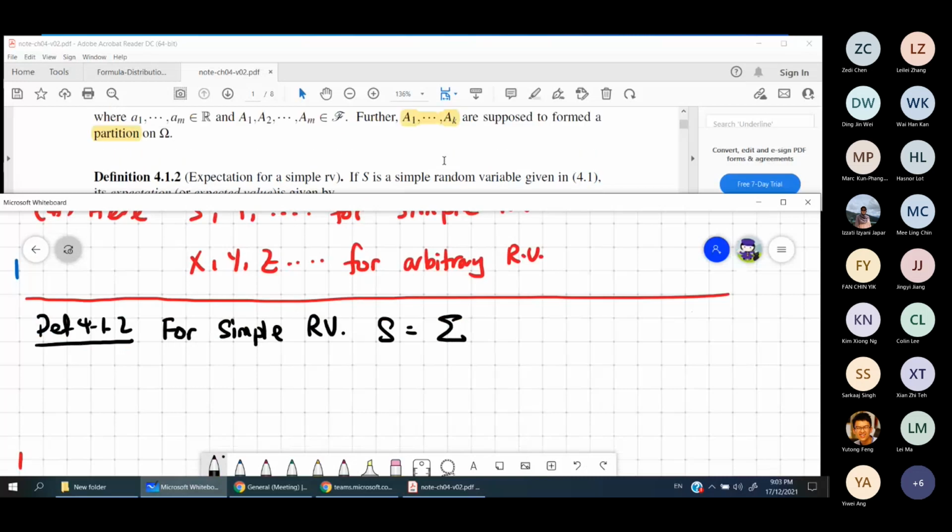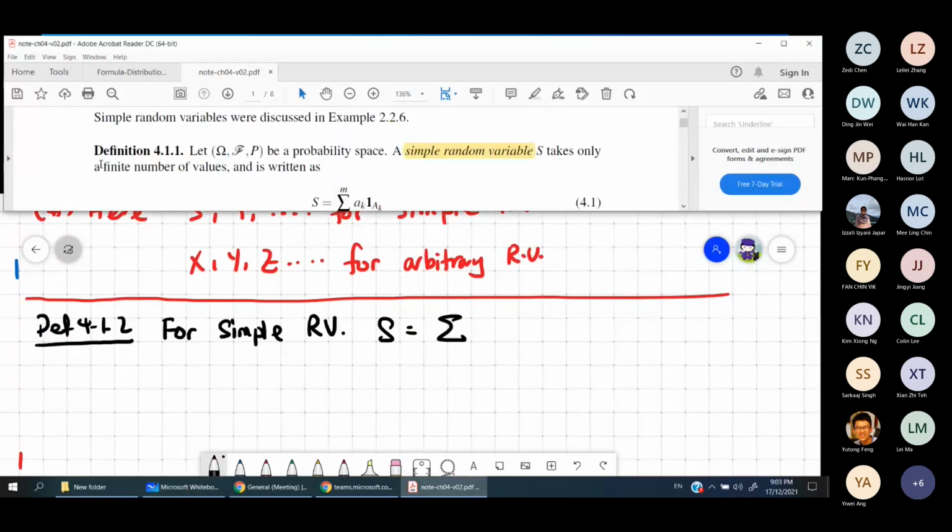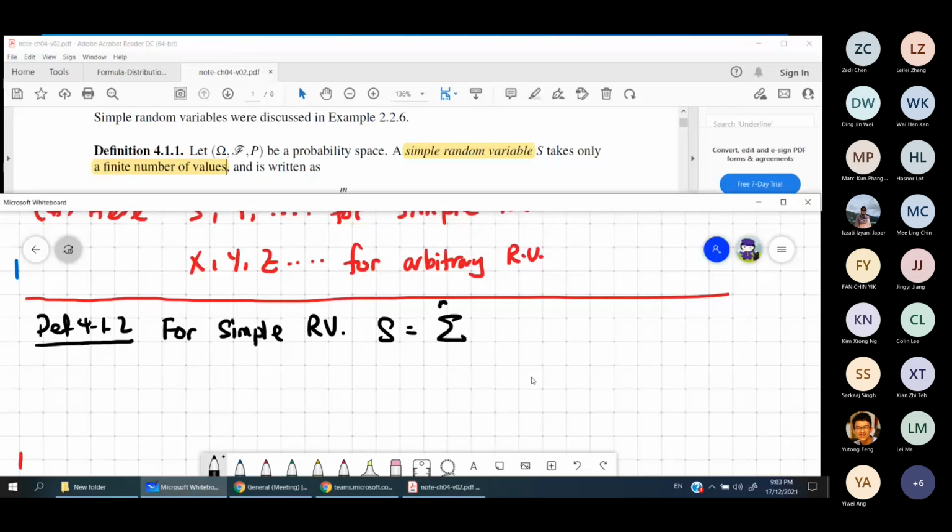Take notes here. When we say simple random variable, the image for this random variable is always finite, so that means K cannot be infinity; it must be some integer.